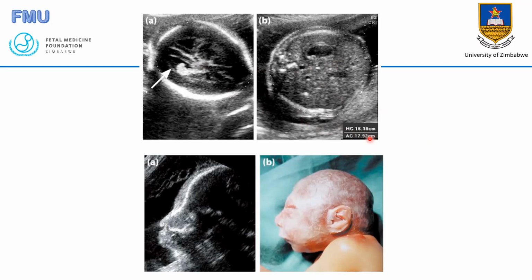If the tummy is appropriate, but the head is small for gestational age, then we need to interrogate that baby for microcephaly, right? So if you do the usual profile, you can see that this is a flat forehead, right?